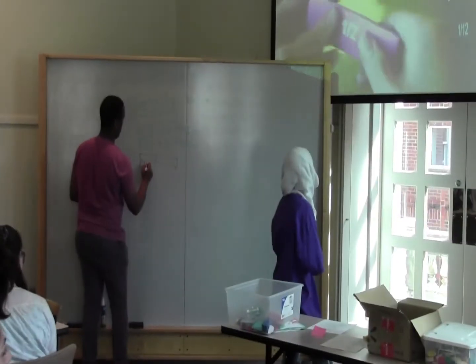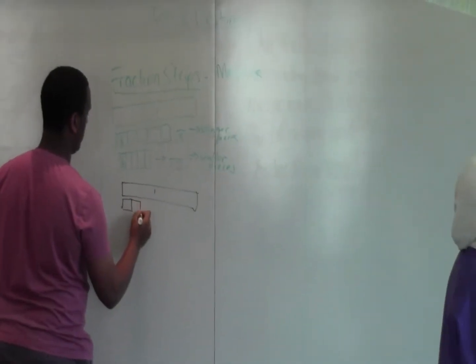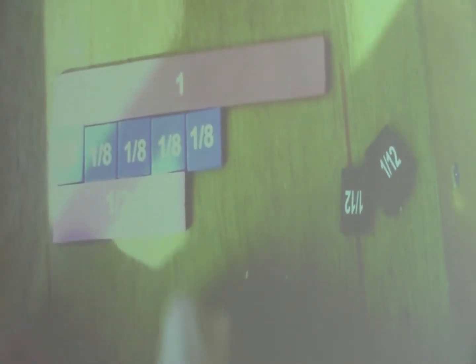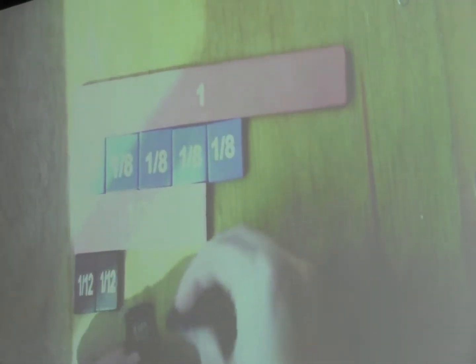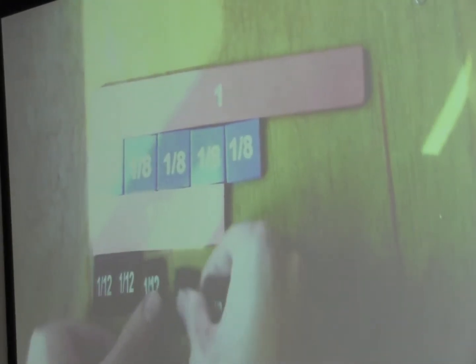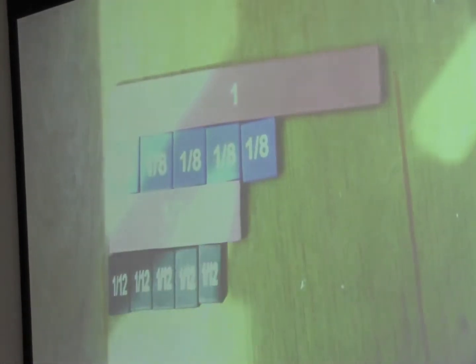So I thought that would probably be next because that was close to 5/8. So I put my 1/2 there, which is the same as the 4/8. And then I had my 5/12 that I put underneath there, which was less than 1/2.